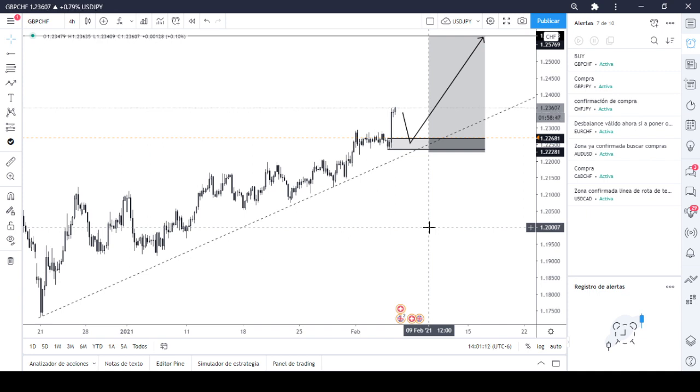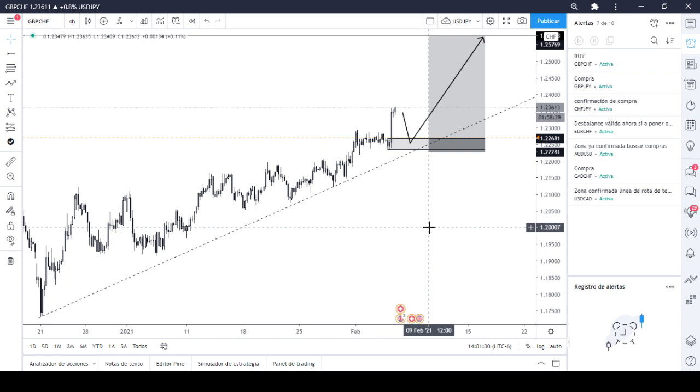So basically, I'm a trend trader using order blocks, looking for price action confirmation, such as trend line breaks, also order blocks being removed.